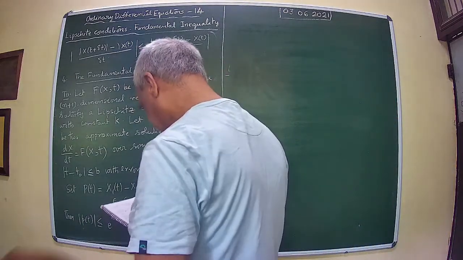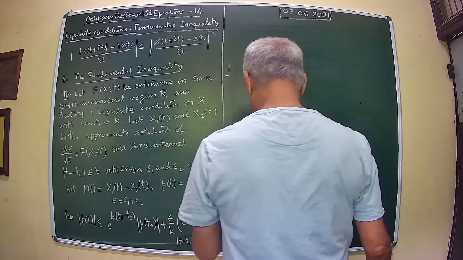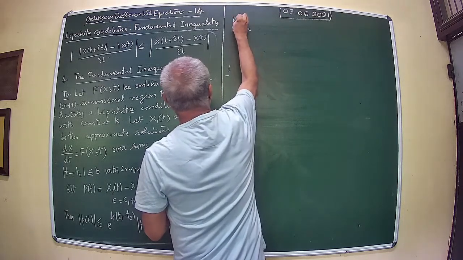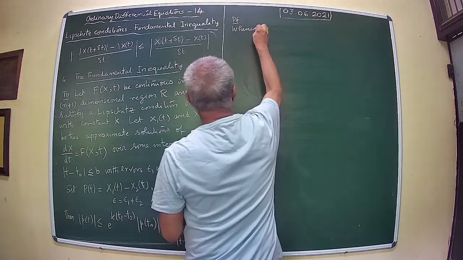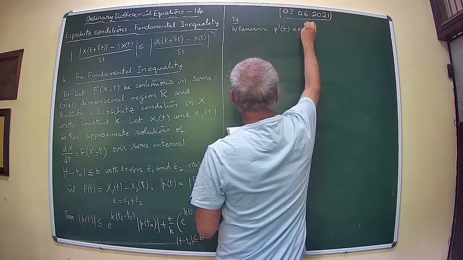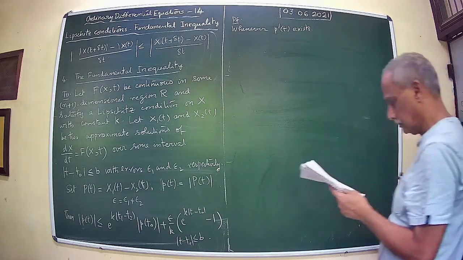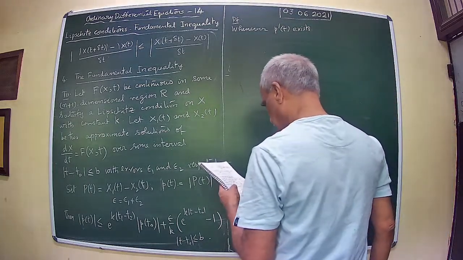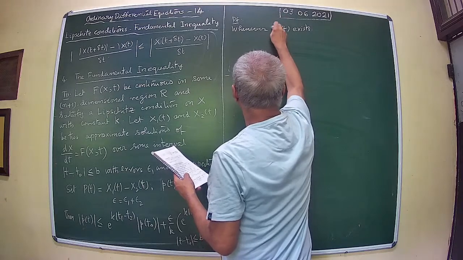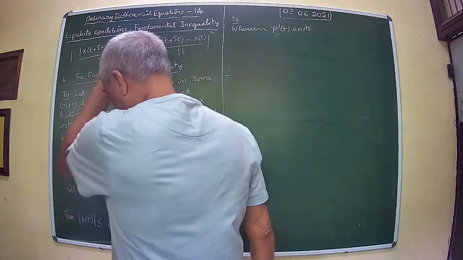Make the observation that whenever p dash t exists, p dash t exists means, you see, p is x1 minus x2, they are approximate solutions.